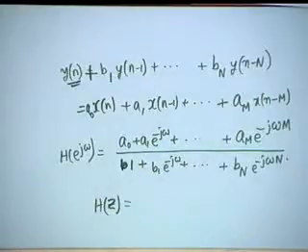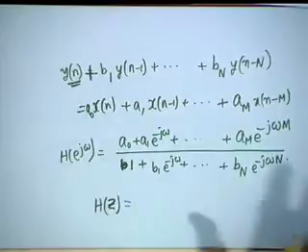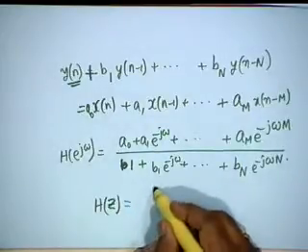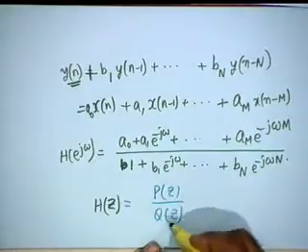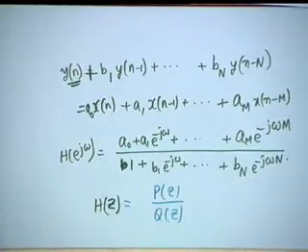And H of z can now be written as a0 plus a1 z inverse plus etc. It would in general be of the form of a rational function, which is a ratio of polynomials in z inverse.